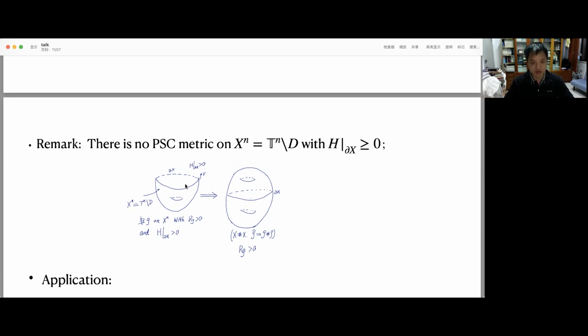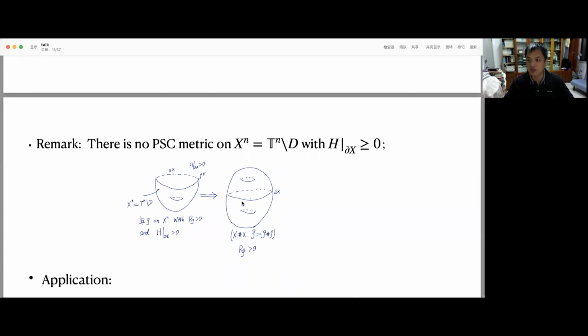Suppose this is not true. That is, we can find a Riemannian metric whose scalar curvature is positive in the interior part and whose mean curvature is non-negative. Then we can double it and get a manifold like this. Because the mean curvature at the two sides of the boundary is non-negative, we can smoothen and get a smooth metric on the resulting manifold with positive scalar curvature everywhere.